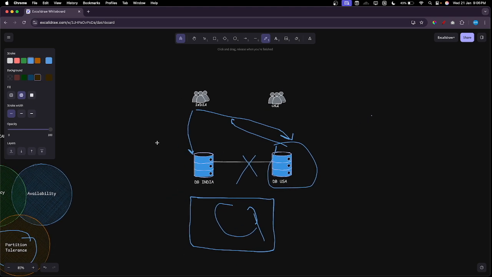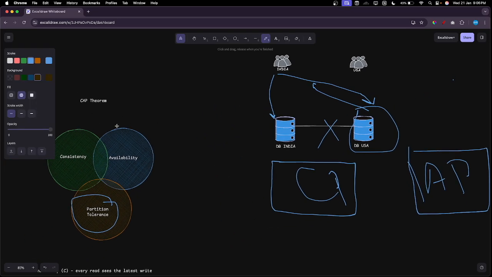And in the previous example, we guaranteed availability and partition tolerance. In that system, the user was still getting the data, but it was old data. Here there is consistency. So that's why we cannot guarantee all three of CAP for a system.